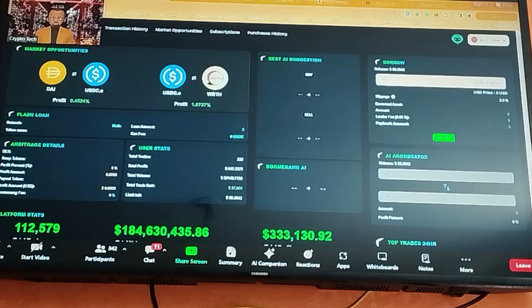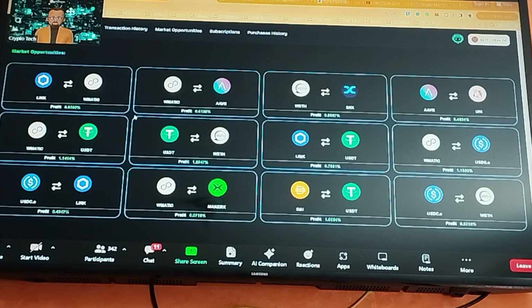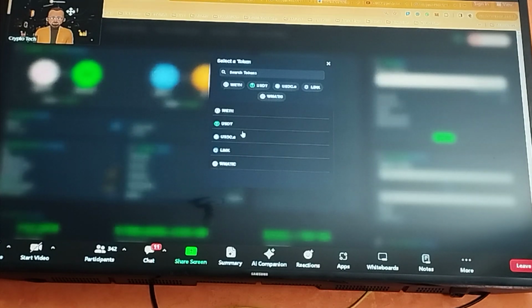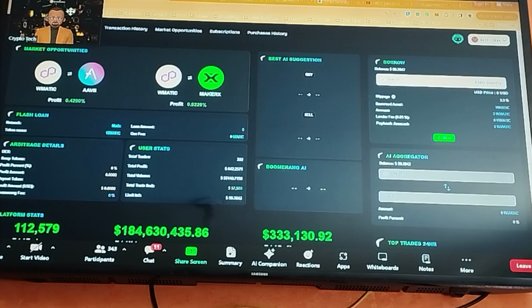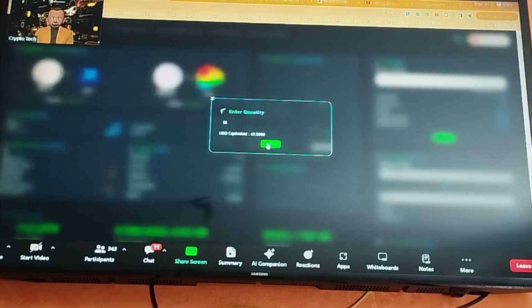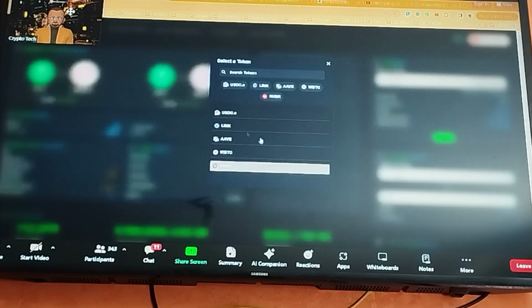So here we go. I am going to first refresh this page. So it brings up a new list for me, Rapmatic and USDT. Let us try this one. Rapmatic. I will go to 50 and I will see USDT.